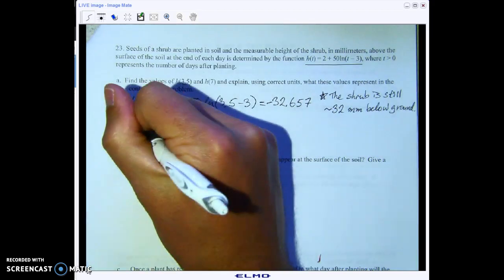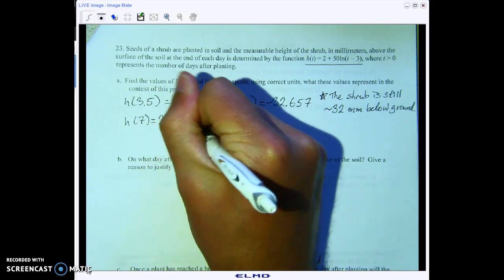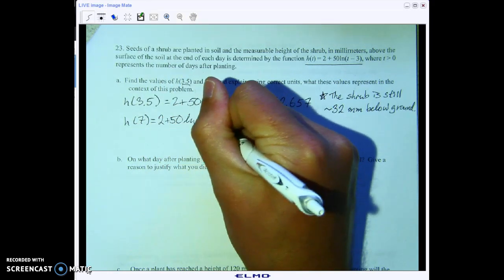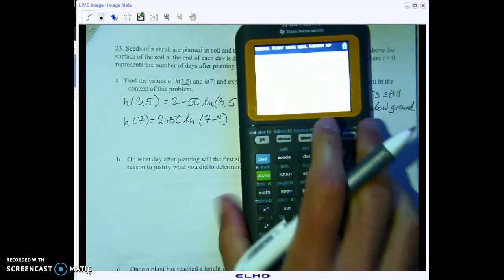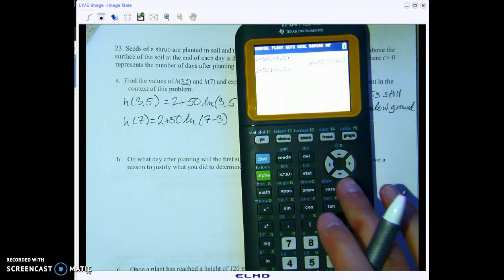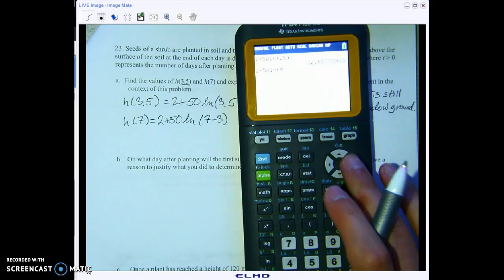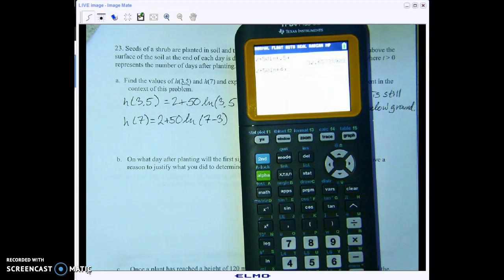Okay, that's what that means. What about h of 7? h of 7 is equal to 2 plus 50 natural log of 7 minus 3 this time. And you know what I'm going to do? I'm just going to go up here, delete the 0.5, and insert 4, because 7 minus 3 is 4. So what's 2 plus 50 times the natural log of 4?